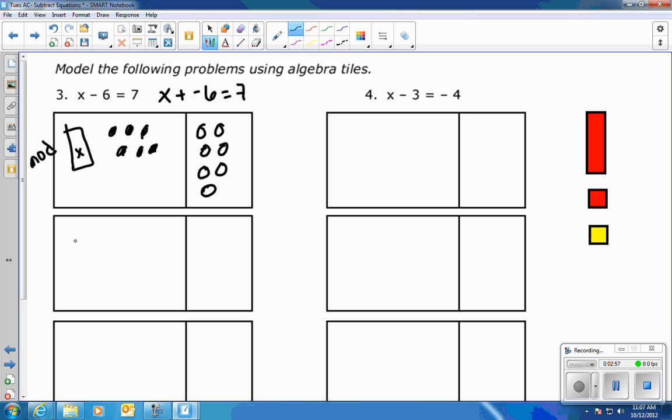In the next box, we have our original equation, but remember this box is actually for showing your step. So how do you think we're going to get rid of those negative counters? Yesterday we got rid of positives with negatives, so today we're going to get rid of negatives with positives. So I'm going to add 6 to each side.